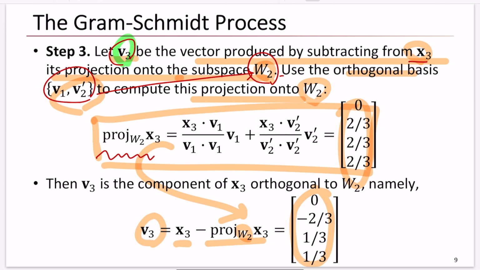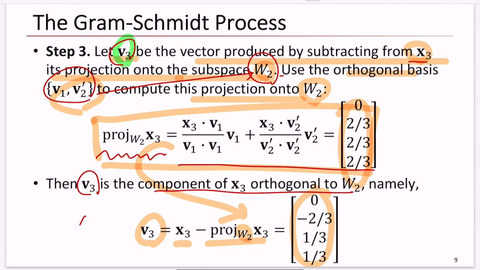First, for the projection of x3 onto W2, spanned by V1 and V2 prime, it looks like this, based on the orthogonal decomposition theorem. Then V3 is the component of x3 orthogonal to W2.